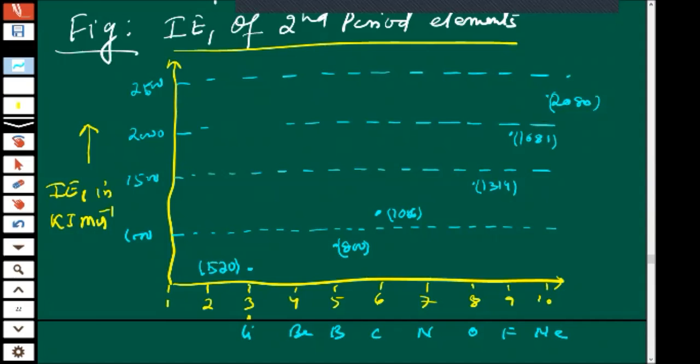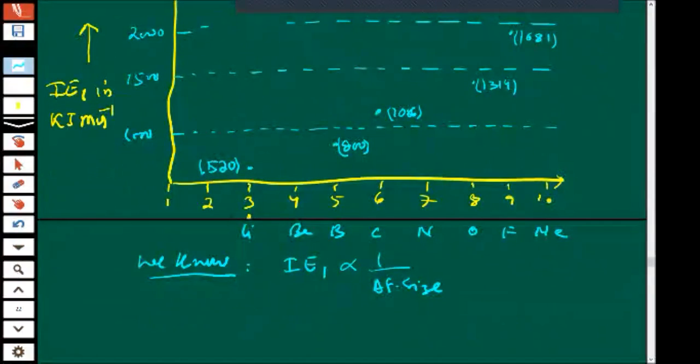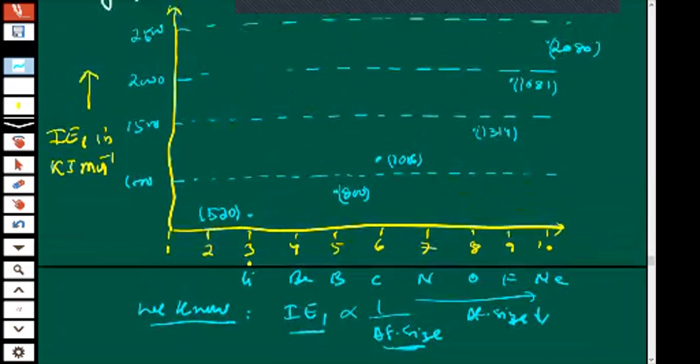Okay, children. So as we know, ionization energy is inversely proportional to atomic size, and we also know that when we are moving from left to right, atomic size decreases, and as atomic size decreases, ionization energy will increase.